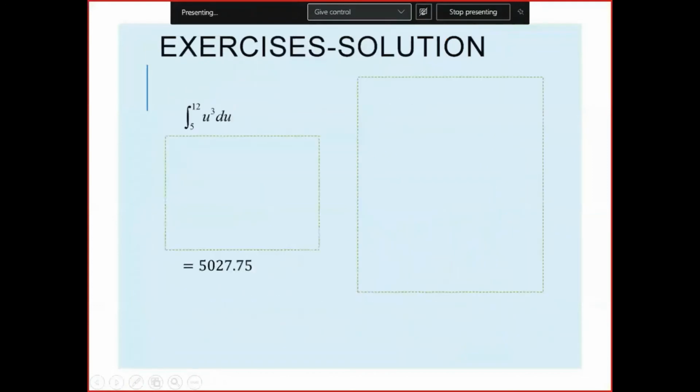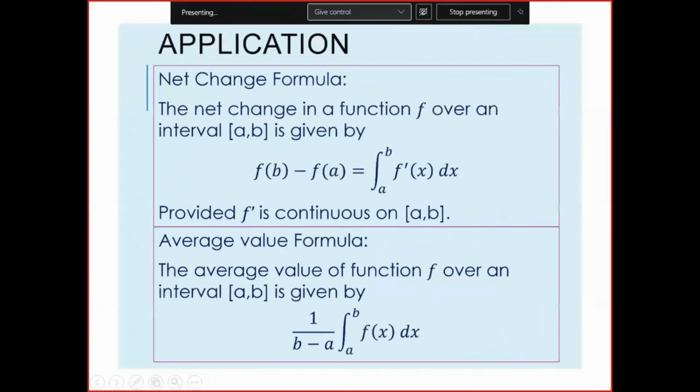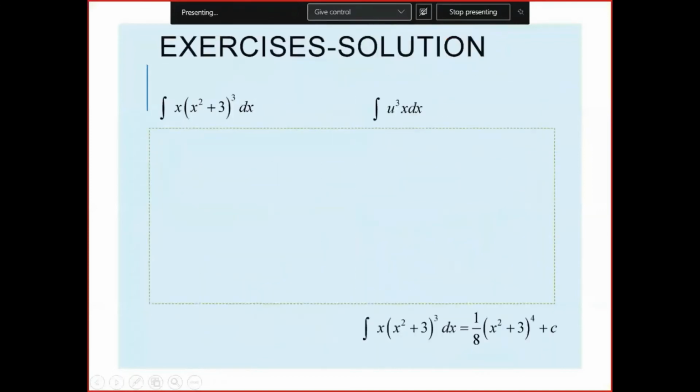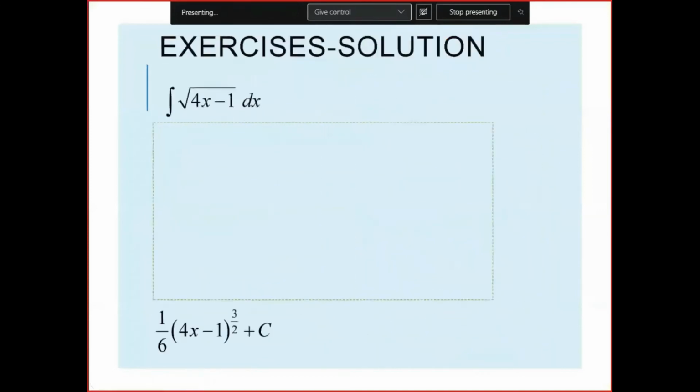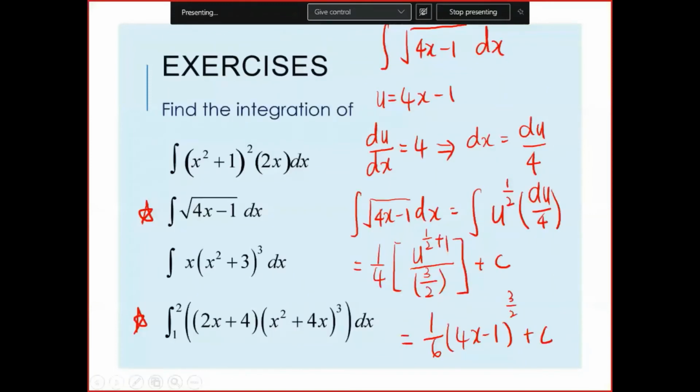Okay, now let's continue with question 4. Where is question 4? Okay. All right, so let's do it here, question number 4.